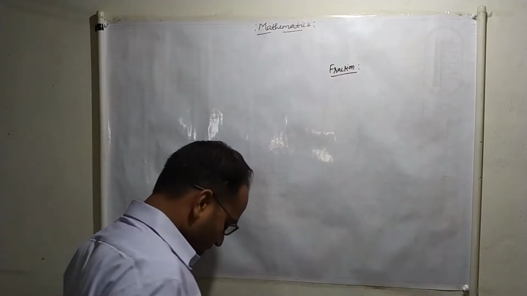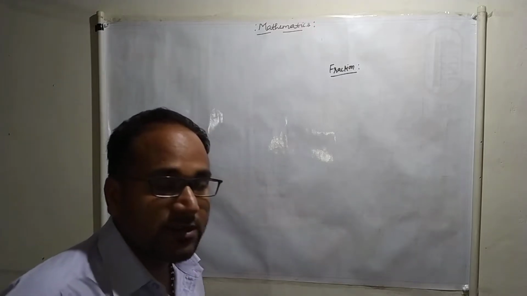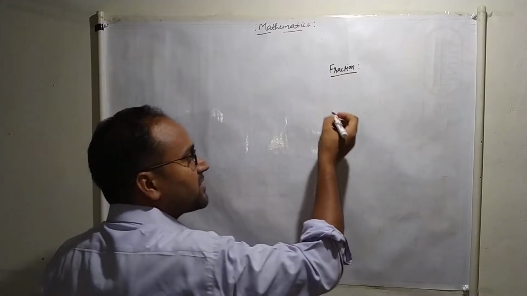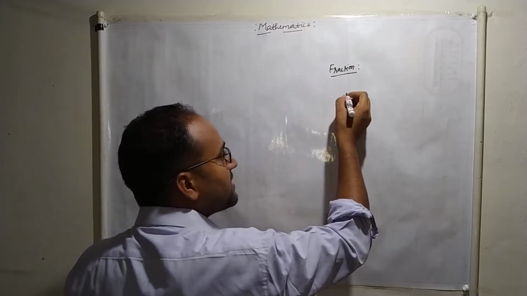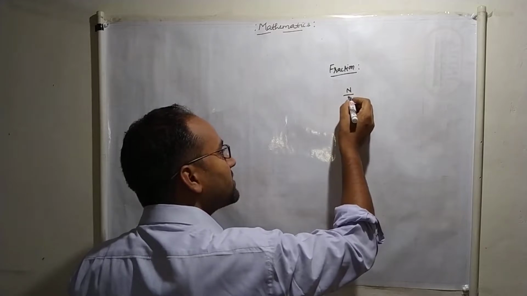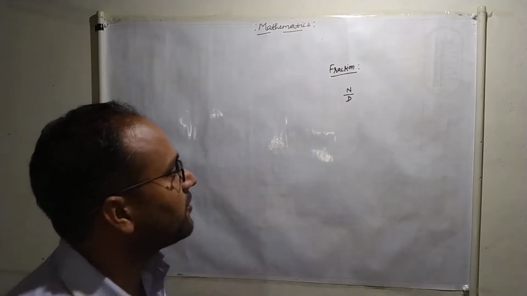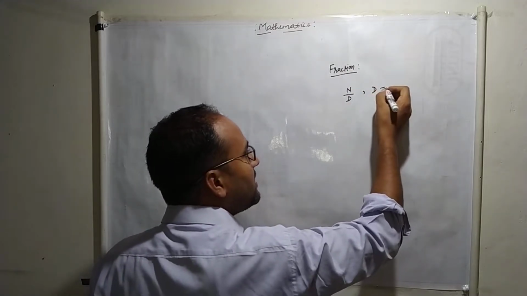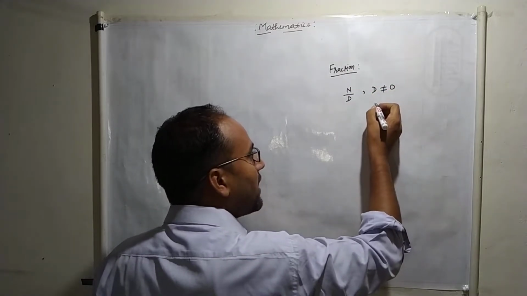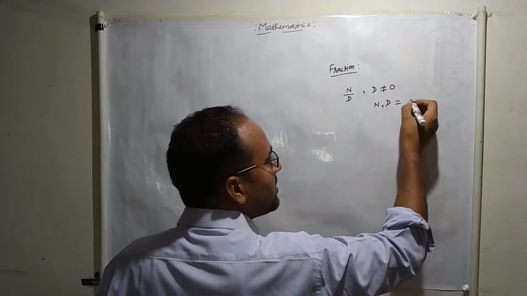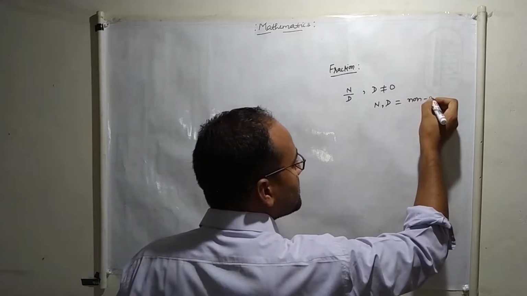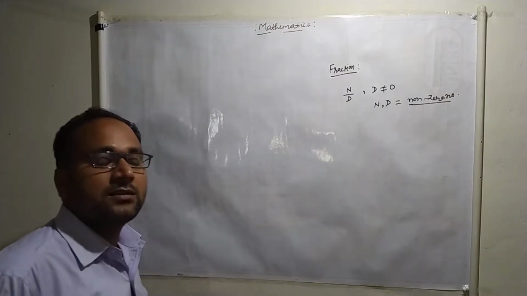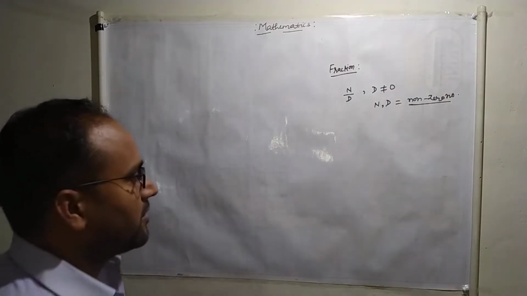You know that a fraction is a quantity which expresses a part of a whole. A fraction is represented by numerator upon denominator. Any quantity written in the form of a numerator and denominator is known as a fraction, where the denominator is not equal to 0 and the numerator and denominator are non-zero numbers, that is, natural numbers.